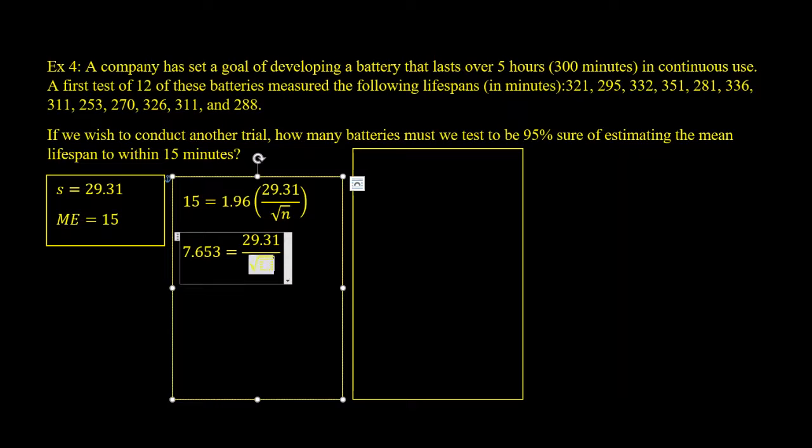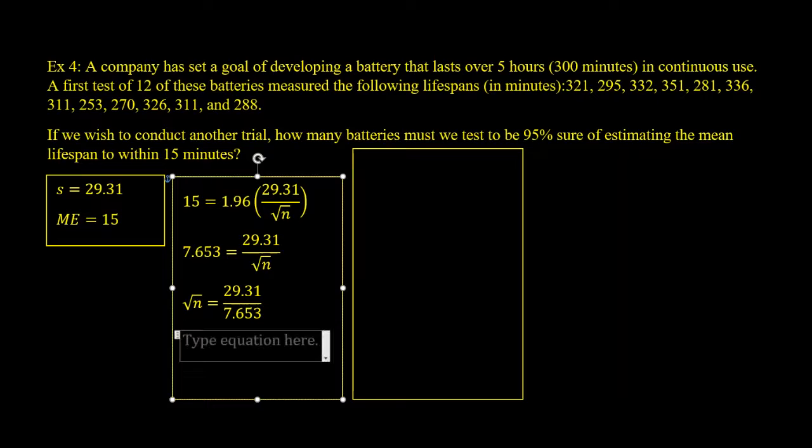So we rearrange that, we multiply the square root of n over to the other side, divide by the 7.653 to get that square root of n alone. We have the square root of n equals 29.31 over 7.653. So the square root of n and that 7.653 just switch places.